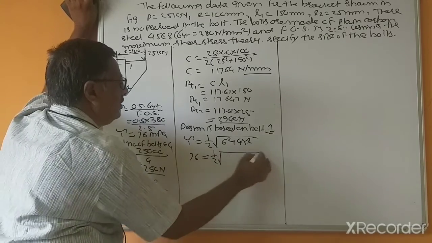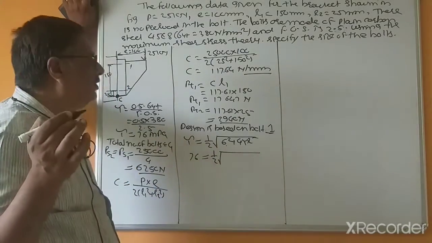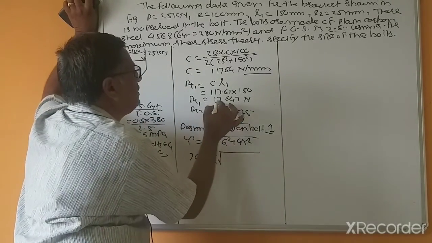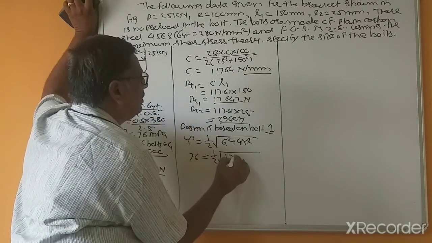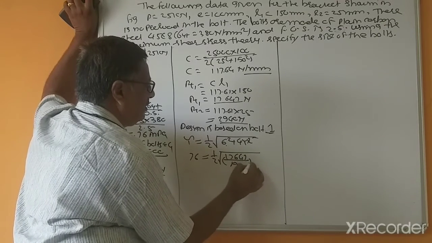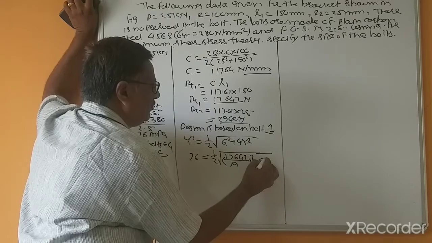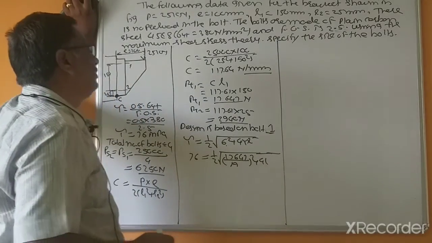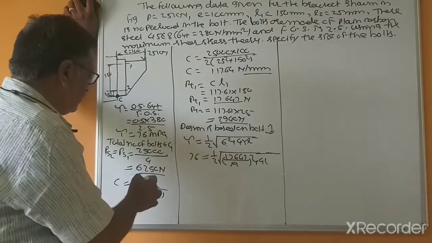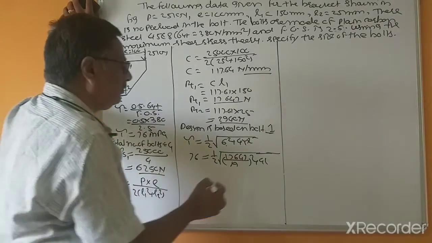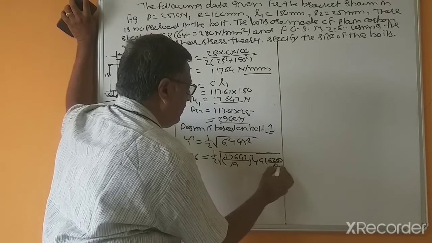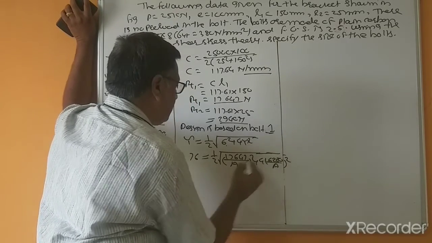Half sigma equal to, only we have to take, divided by, and this is 47 divided by A bracket square plus 4 into tau, tau equal to 6250 divided by A bracket square.